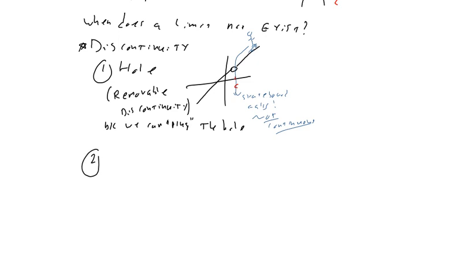Second type of discontinuity is a jump discontinuity. And this is when you have a graph where one side goes to one spot and another side goes to another spot.